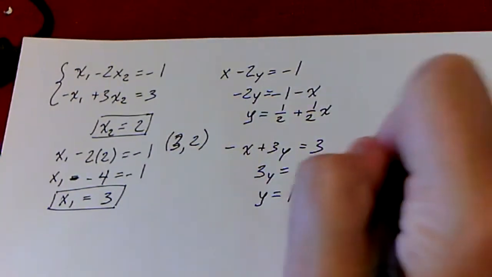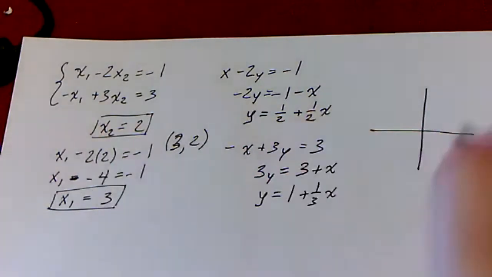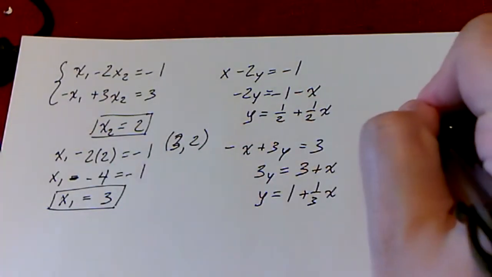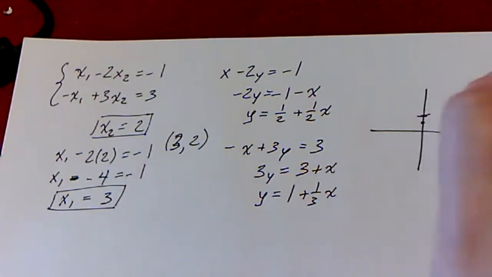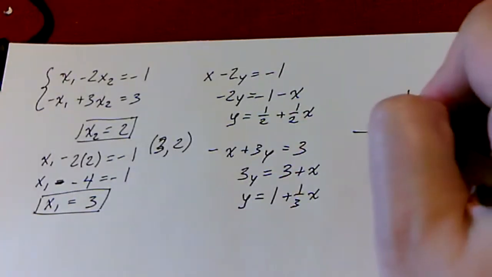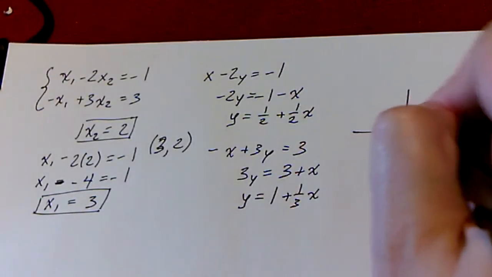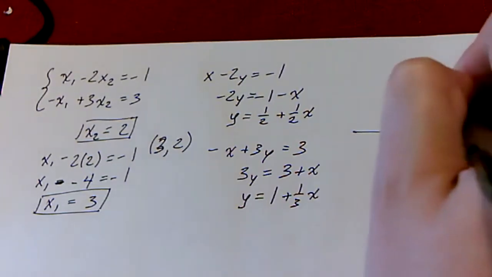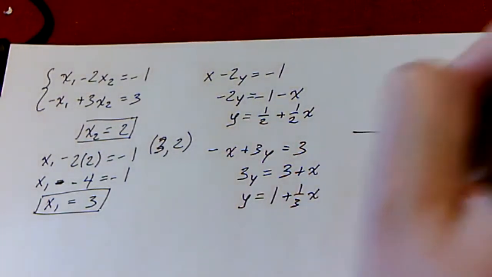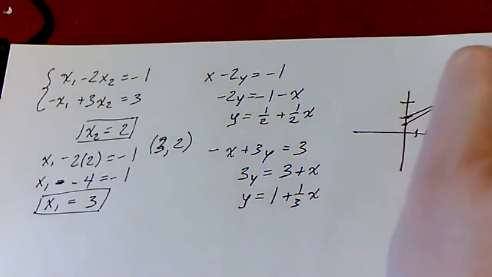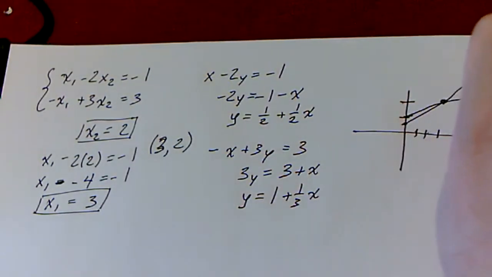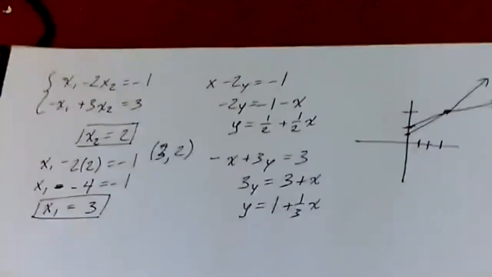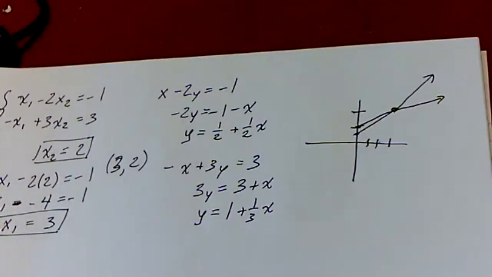And I could graph these two lines, right? They both have positive slope. One has a y-intercept at 1/2, one has a y-intercept at 1, so it's not going to be the prettiest graph, but since the slopes are different, we know that they intersect at our solution, (3, 2). So I can graph one there, the other one there, and then pretend I drew perfect lines, which I did not, but you get the idea of the picture.